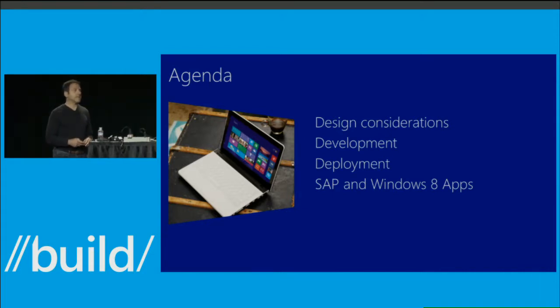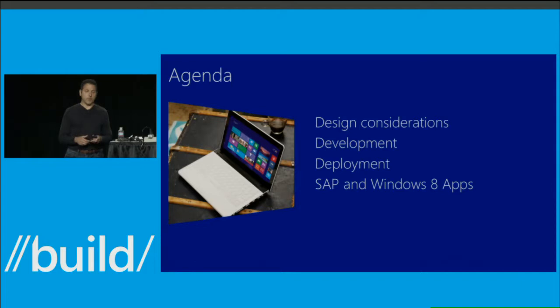Then I want to talk about some new things in the development space. I'll push the deployment stuff to the end, because there's really nothing new to talk about on deployment. For deployment, we may be best served by just me answering your questions towards the end.